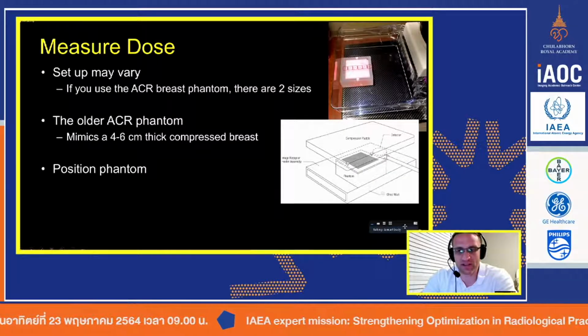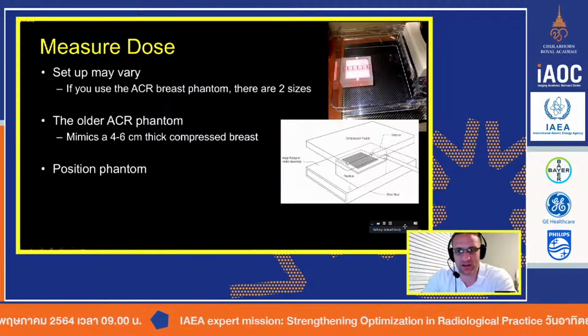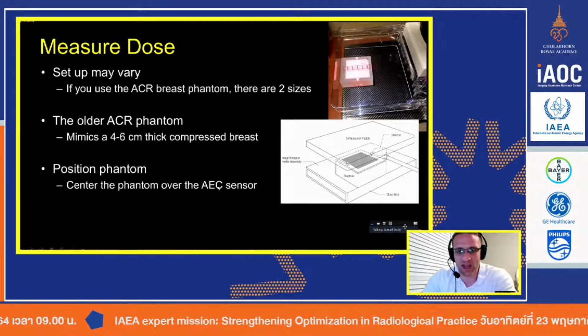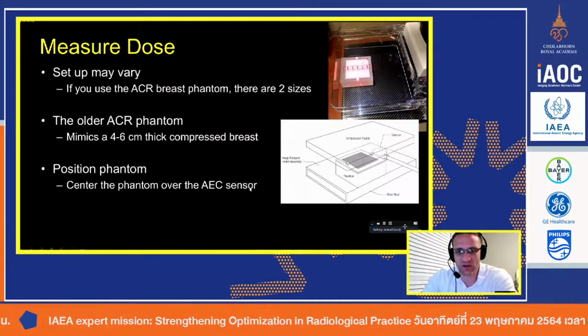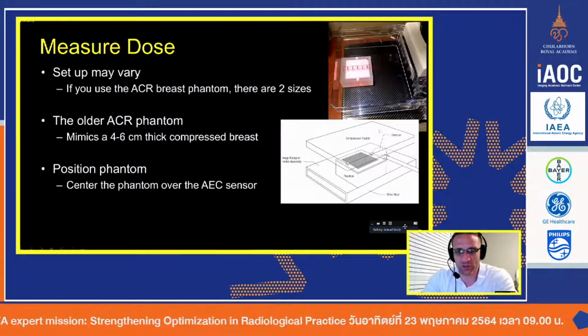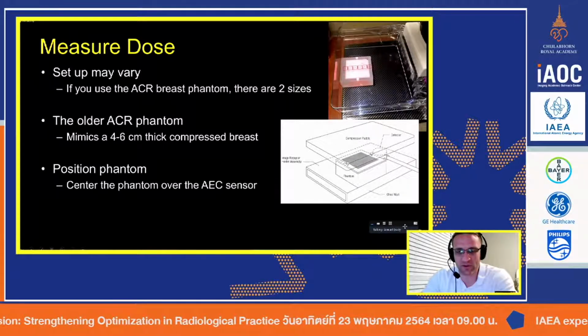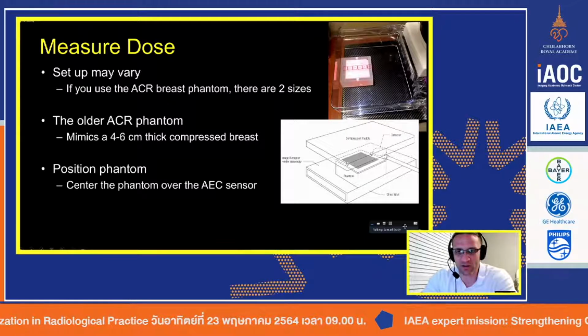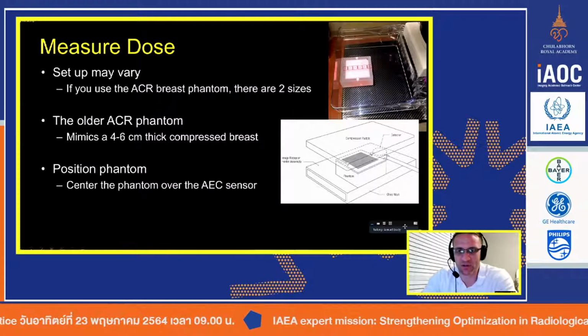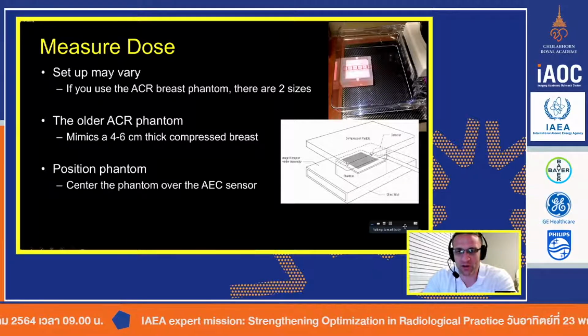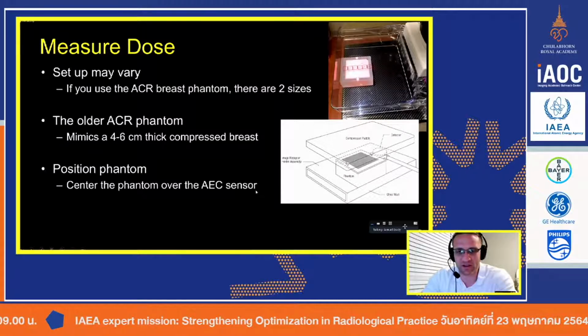And we place the phantom on the detector over top of the AEC sensor. Obviously, we put the compression paddle in the field of view, and then we take the ion chamber, you can see right here, this circular object, and we place it so it is in the same plane, up here parallel with the surface of this phantom.